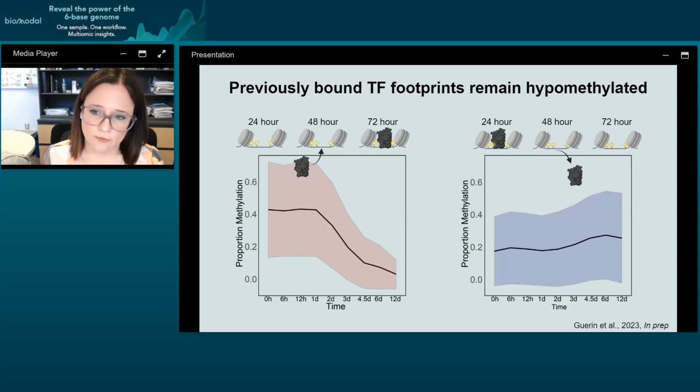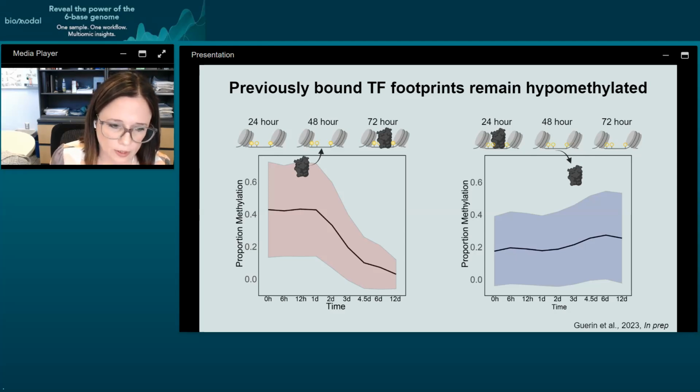Whereas when a transcription factor footprint is lost at a specific time point, these regions only very slightly gain methylation. In fact, most of these regions remain hypomethylated throughout the remainder of the time course, even after the footprint is lost. So that was very surprising and interesting to us.